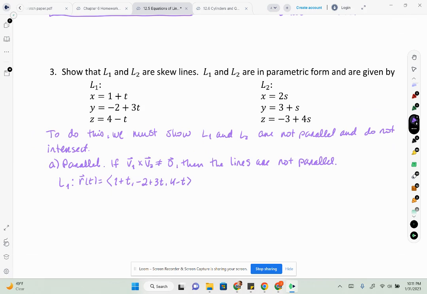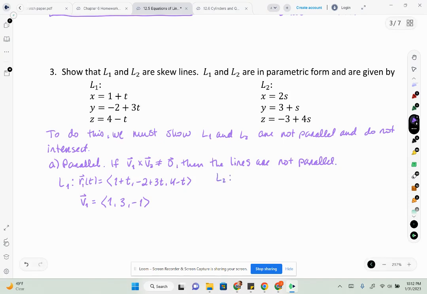And the numbers in front of the t values make up the components of my v vector. So that's R1 of t, and V1 is equal to the vector with components 1, 3, and negative 1. So that's my slope vector.